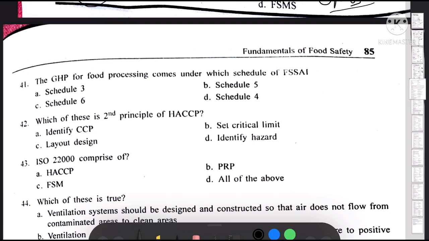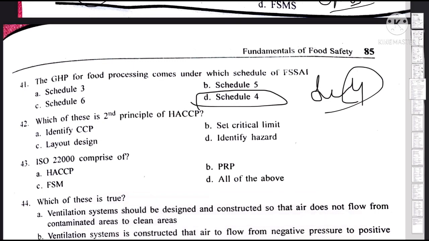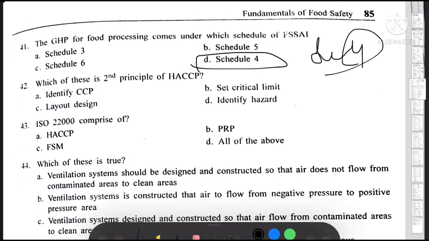Next question, question number 41. The GHP for food processing comes under which schedule of FSSAI? The options are 3, 5, 6 or 4. So the correct answer to this is schedule 4. Next, which of these is the second principle of HACCP?